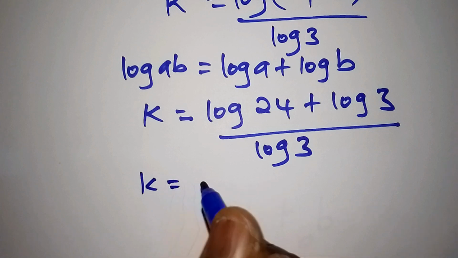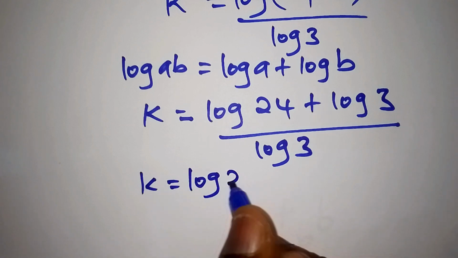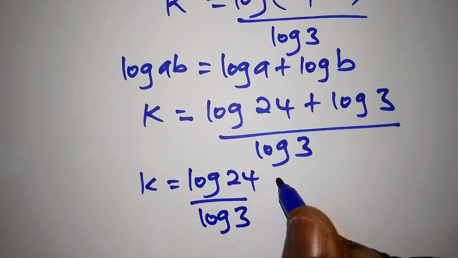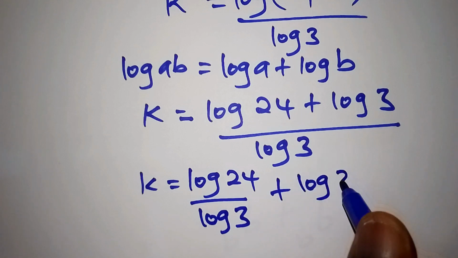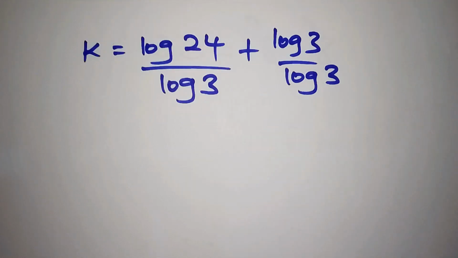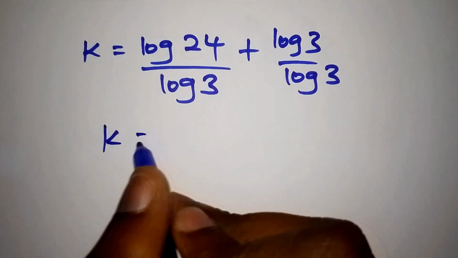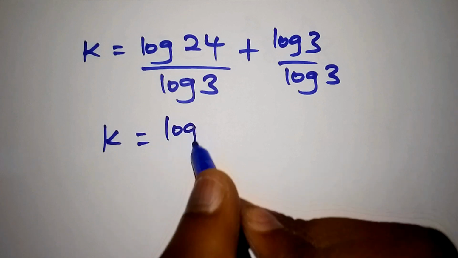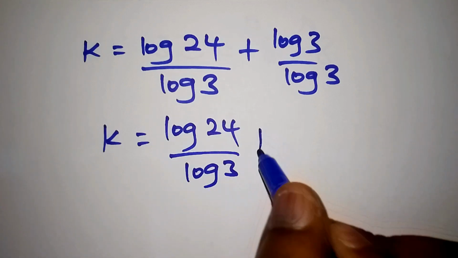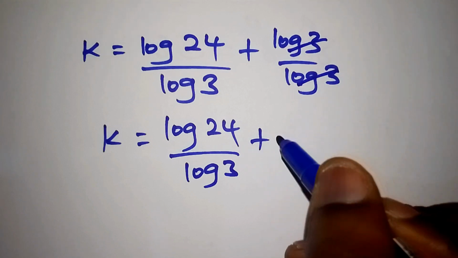So k is equal to the log of 24 all over the log of 3, then plus log 3 all over the log of 3. So next step now, we shall have k is equal to the log of 24 all over the log of 3, then plus log 3 and log 3 cancel, so there we shall now have 1.